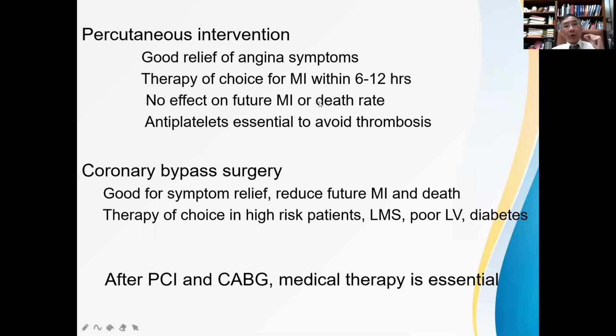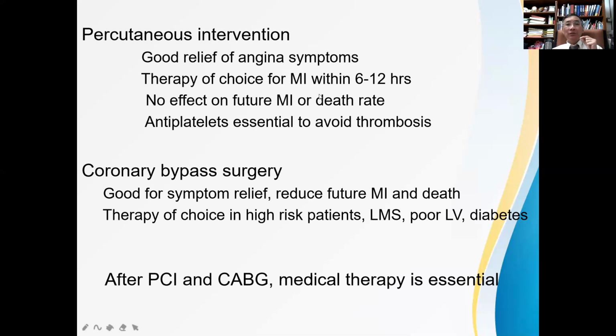Percutaneous intervention, while being very good in a patient with an immediate heart attack, for a patient with stable angina, will not reduce the occurrence of future heart attacks or death. Probably because the cause of angina is the stable plaque. The cause for heart attacks and death is the unstable plaque.